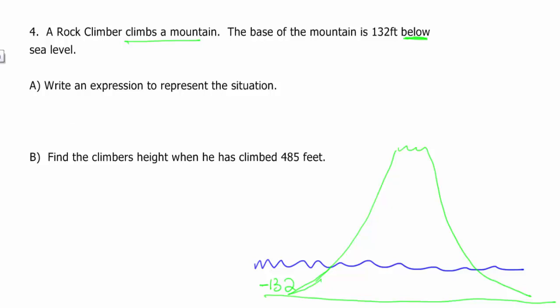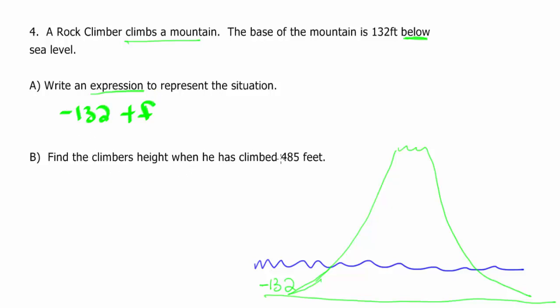It's just how they tell you that it's a negative. So negative 132 feet plus whatever he ends up climbing. That's an expression. That's why it says write an expression here. Remember, it doesn't say write an equation. So no matter how far he goes, he's starting at negative 132.